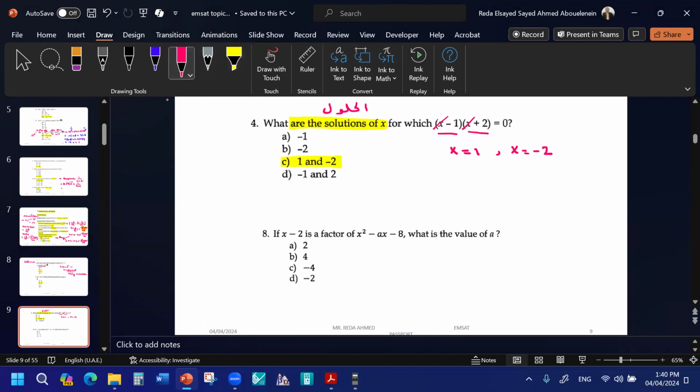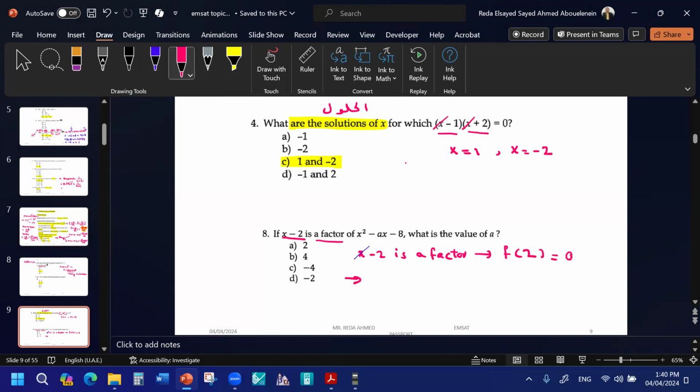Second question: if x minus 2 is a factor, it means that if you set it to zero, x will be 2, so the result will be 0.